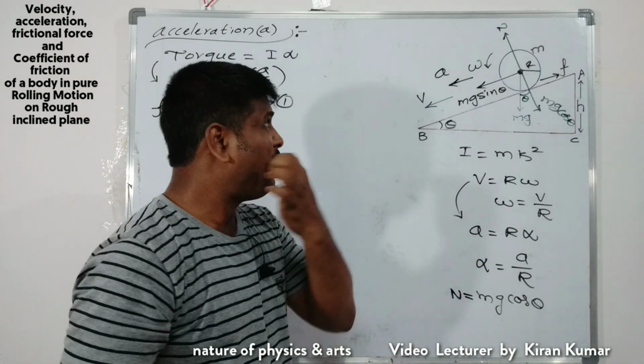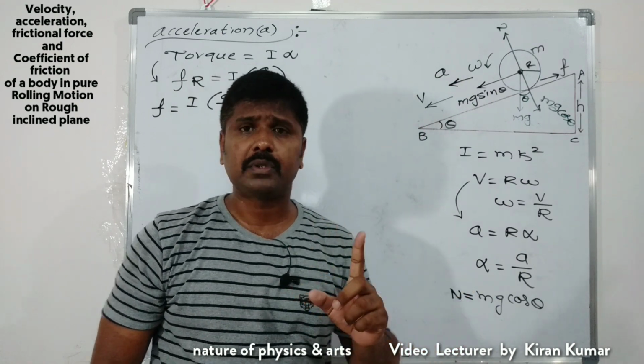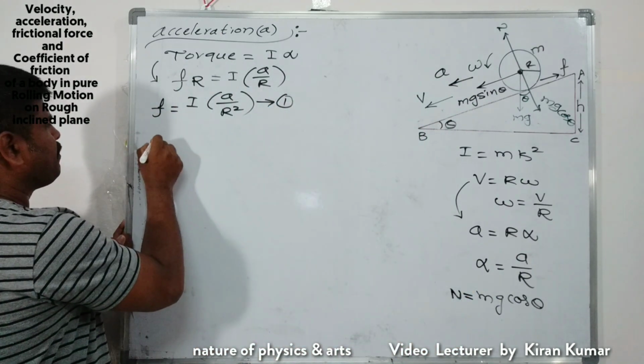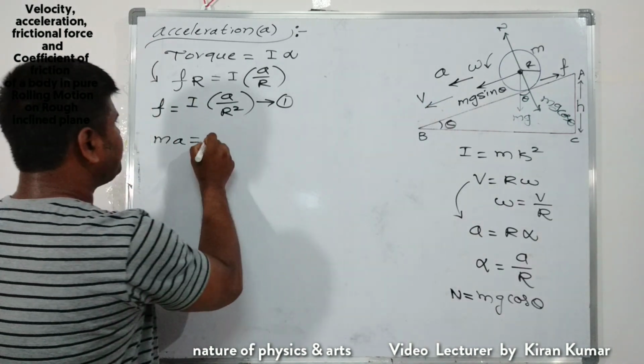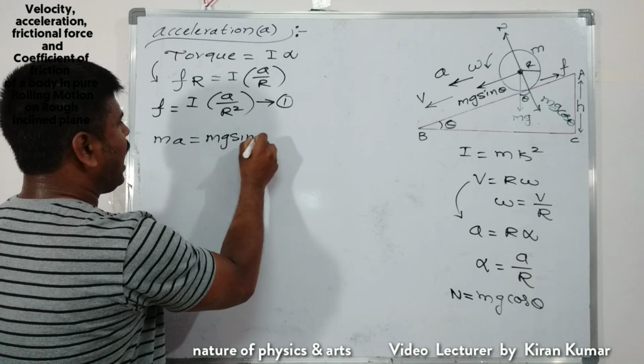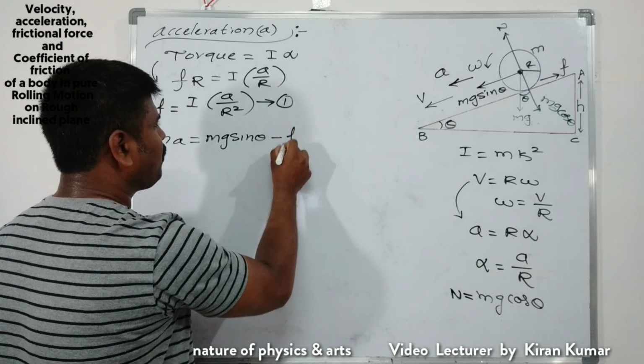Here ma is the resultant force, which is towards mg sin theta, and away from it is the frictional force.